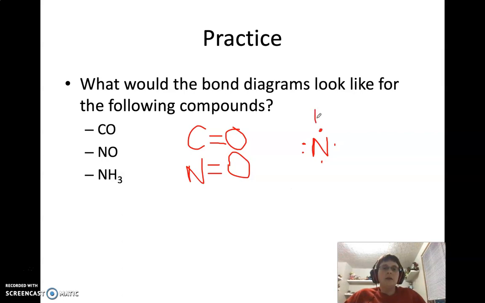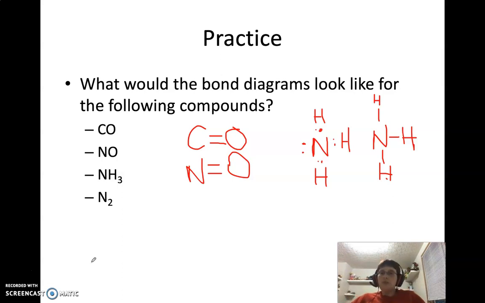That means that you'd have a hydrogen on 3 sides with the bond pairs of electrons. If we take this and convert it into a bond diagram, then it would look something like this.